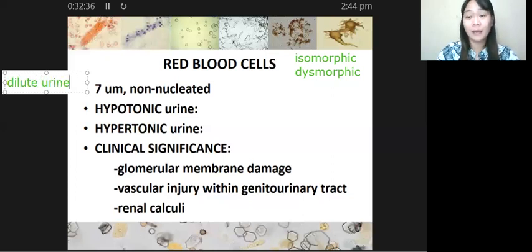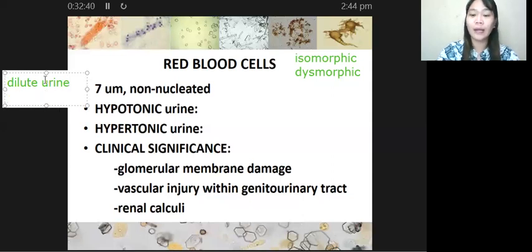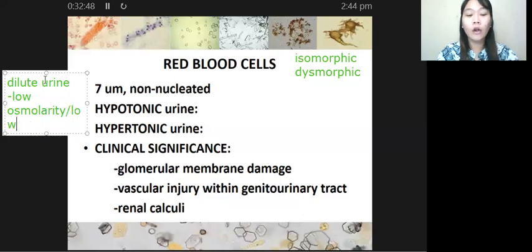Mababa ang kanyang tonicity, mababa ang kanyang osmolarity. So dilute urine, so ito ay low osmolarity or low tonicity.